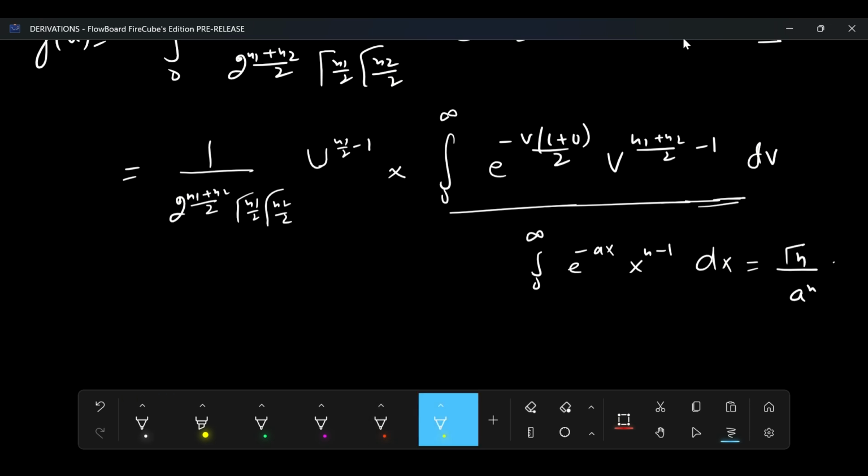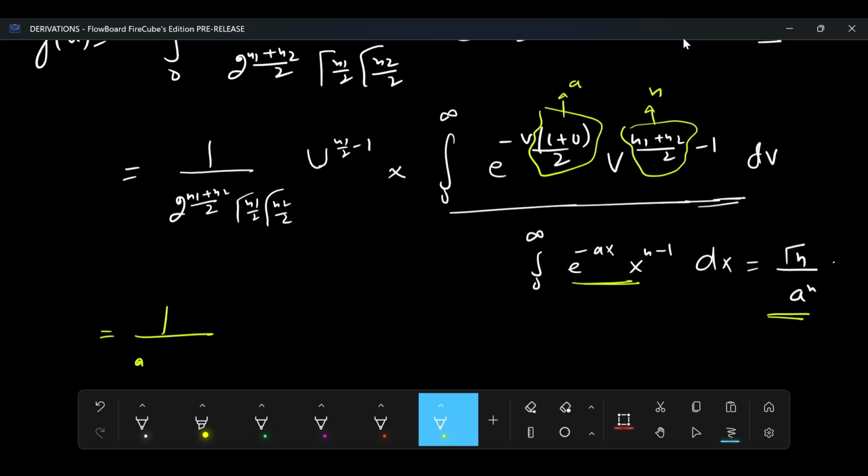Simply, this is a gamma function. Treat this as n and this is my a, this is x. So the integral is equal to this.